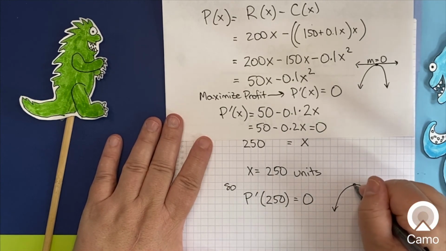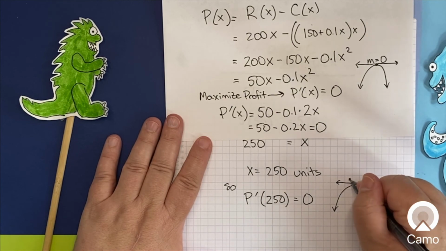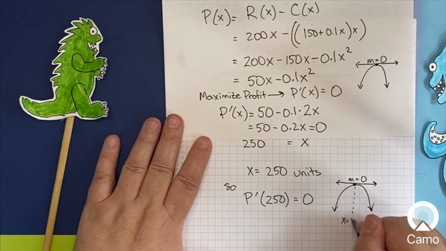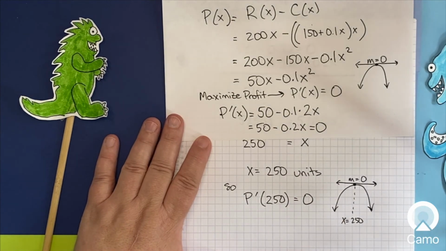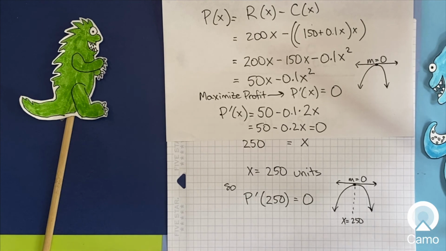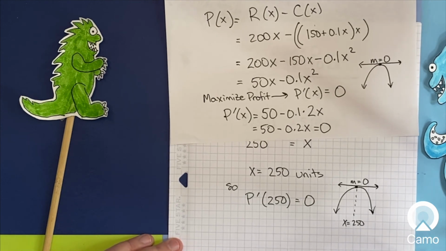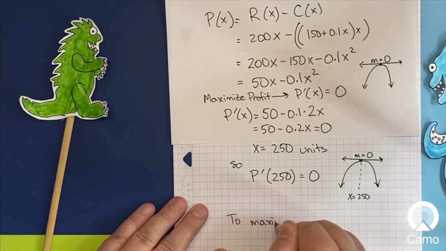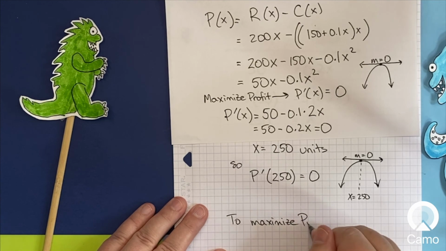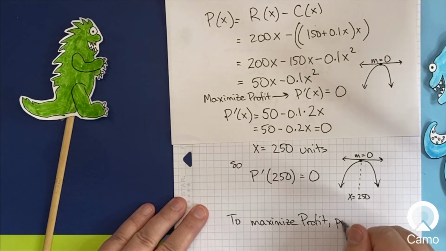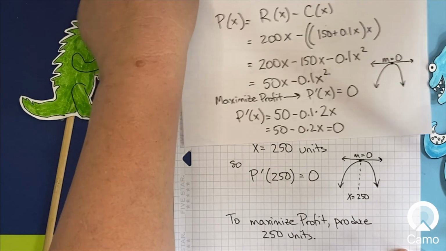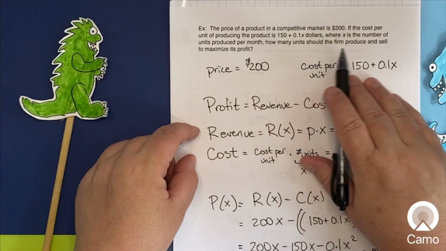So to maximize profit, produce 250 units. How many units should the firm produce and sell to maximize its profit? To maximize profit, produce, and I should say sell, because that's part of it, 250 units, and that's it.